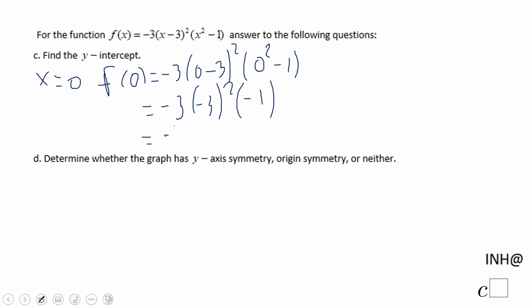That would be negative 3 times 9 times negative 1. That will be 27. So the intercept is (0, 27).